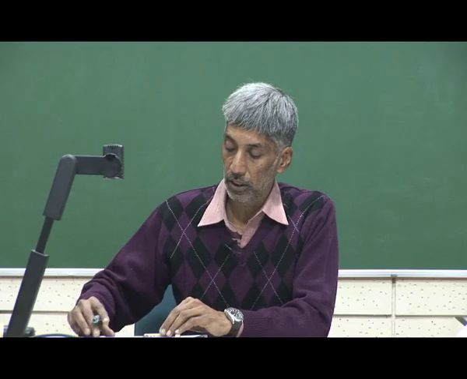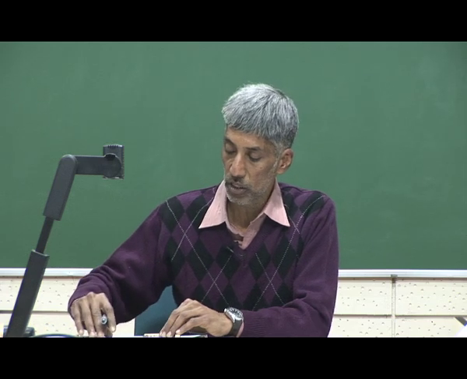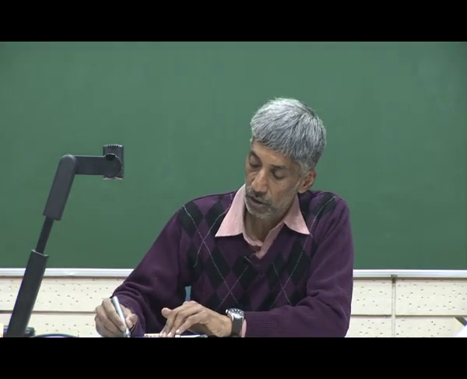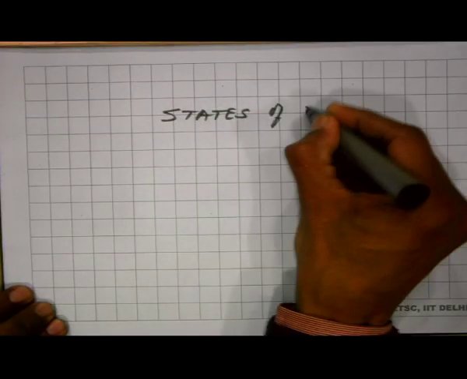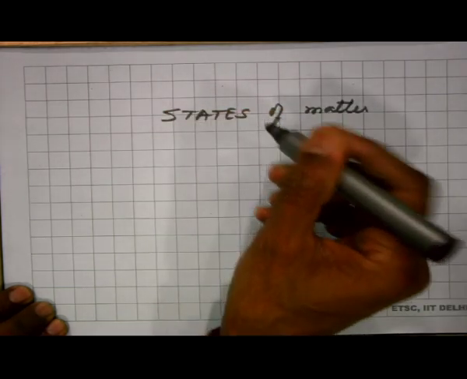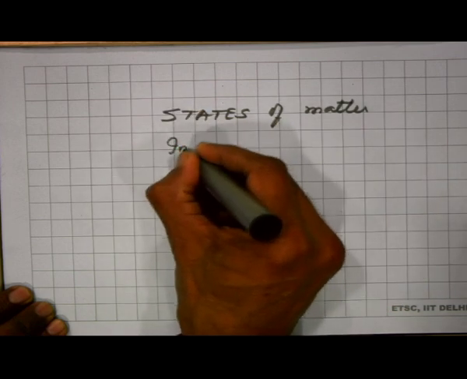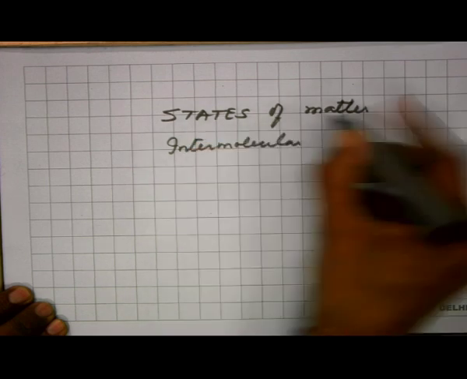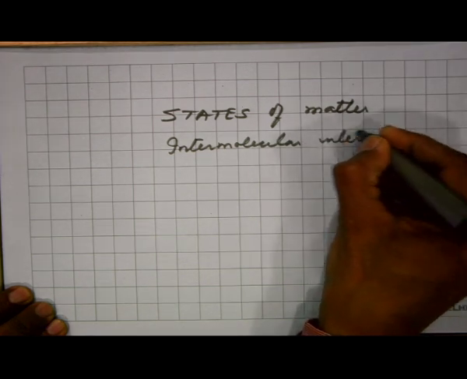I think we have discussed a number of things here. So, let us just quickly summarize what we have done. We have done states of matter, and we said that a substance is present as solid or liquid when the intermolecular forces are higher than the thermal energy.